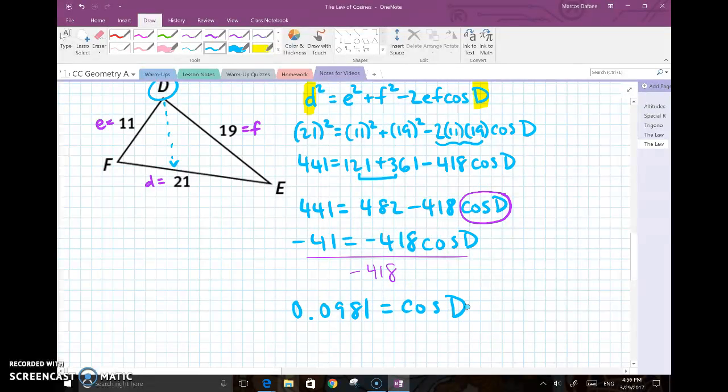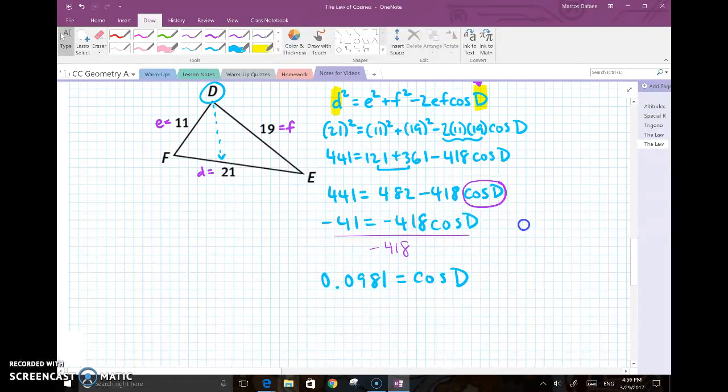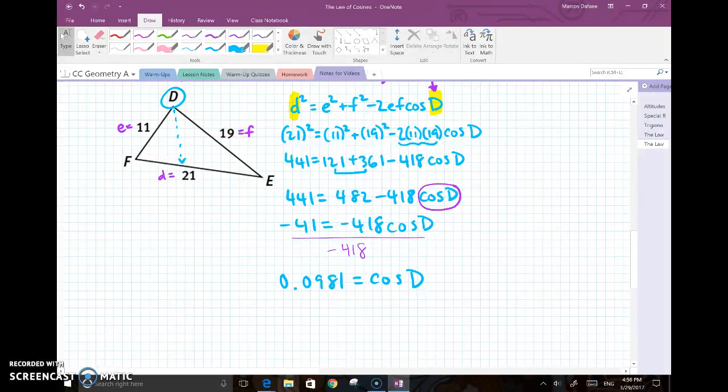Now, to get the value of the measurement of angle d, what I have to do is use the inverse trigonometry feature of cosine. So inverse trig function of cosine, or inverse cosine, and that would be the following. So the measurement of angle d would be the inverse cosine of 0.0981.